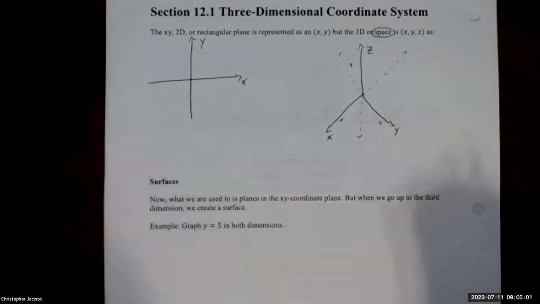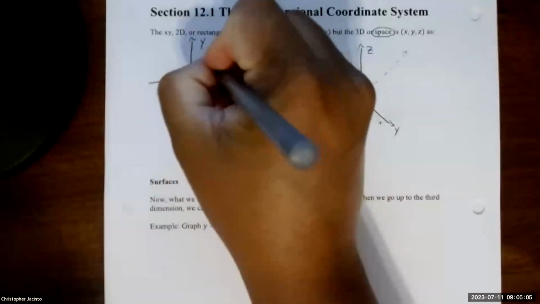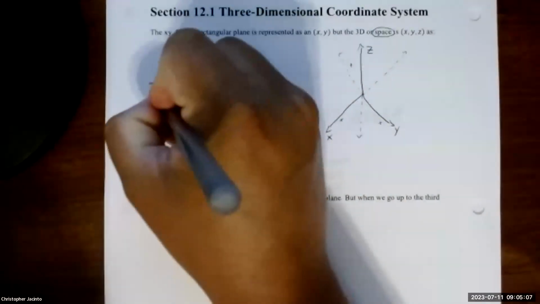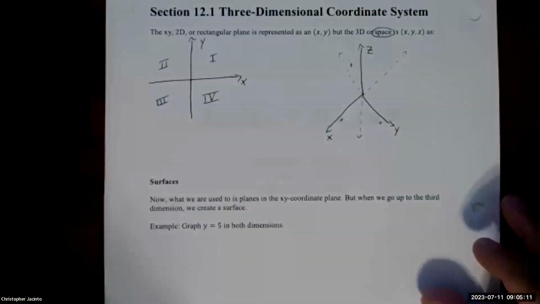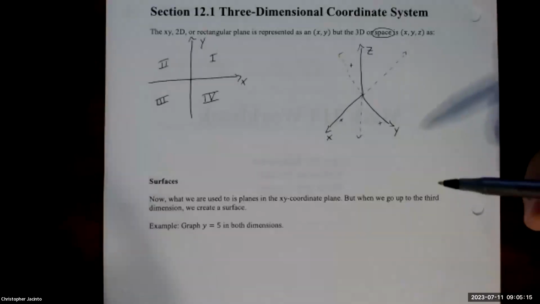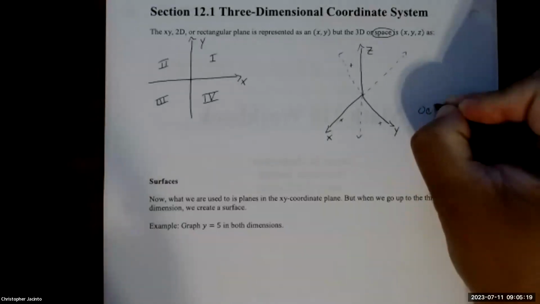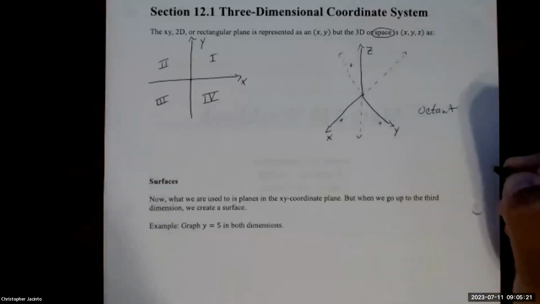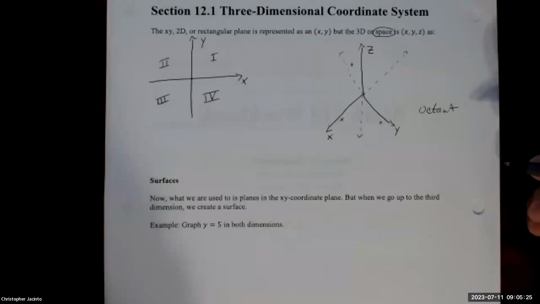Okay. Now, in our 2D plane, we have quadrants 1, 2, 3, and 4, right? However, in the 3D plane, we actually double that, and it's called an octant. So we actually have 8 regions.